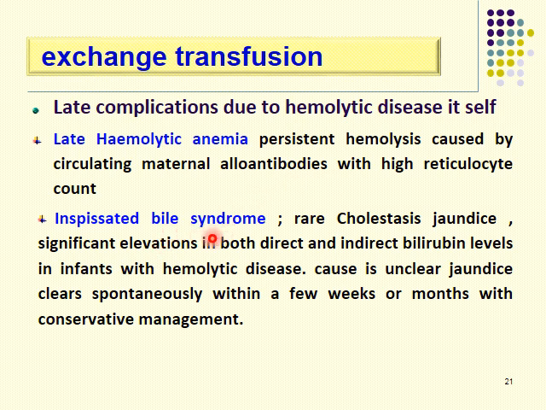Inspissated bile syndrome is a rare cholestatic jaundice, in which there is significant elevation in both direct and indirect bilirubin level in an infant with hemolytic disease. Cause is unclear. Jaundice clears spontaneously within a few weeks or months with conservative treatment.